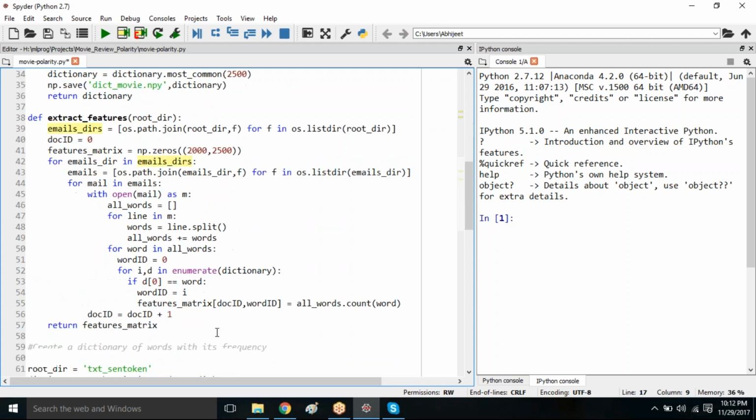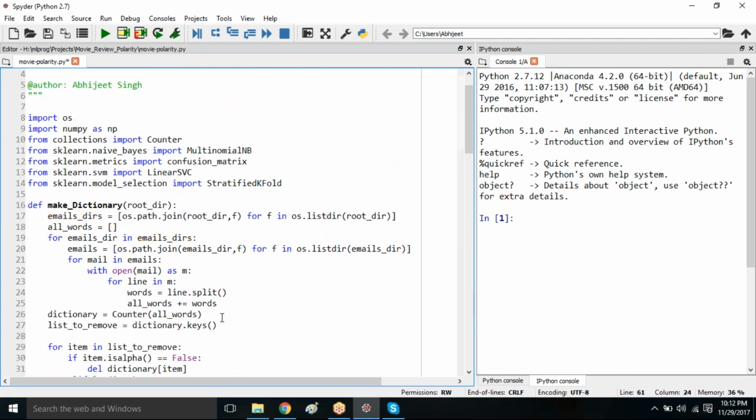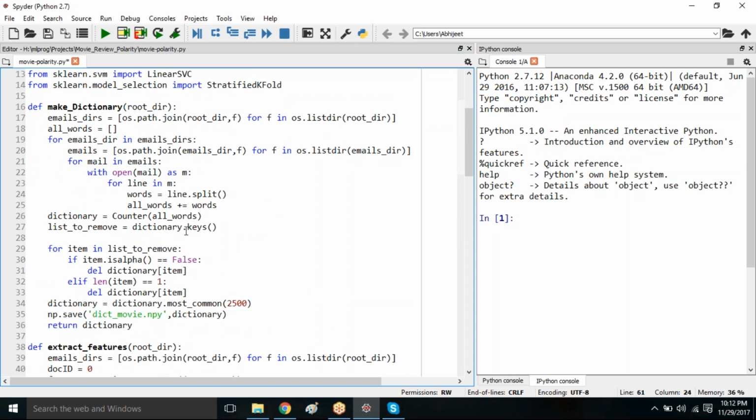But what is actually going on? See, I have passed here the text send token. This will go here, and then for f in the directory listing, basically all the directories I am taking here, whatever things are there in the root dir.